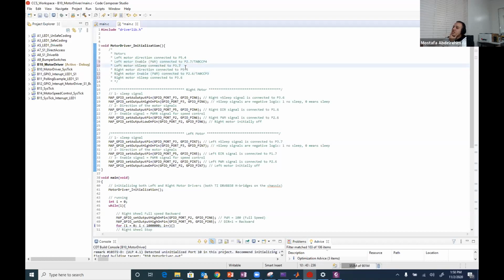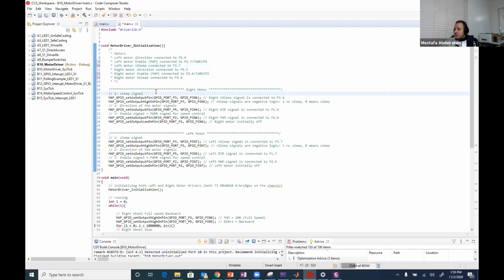Okay, so these are the bins that we need. So we need to configure them as a GPIO. To use these bins, we will send some signals through them. So they are output bins. So we must configure them as GPIO output bins.